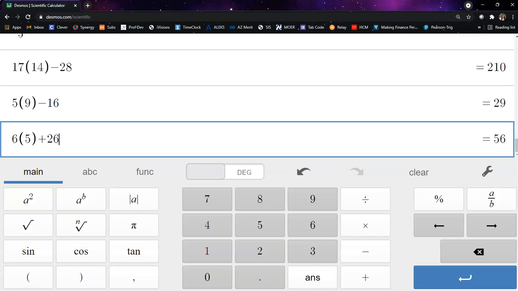So then I would just go to Desmos and do 2 times 56, which gets me 112.